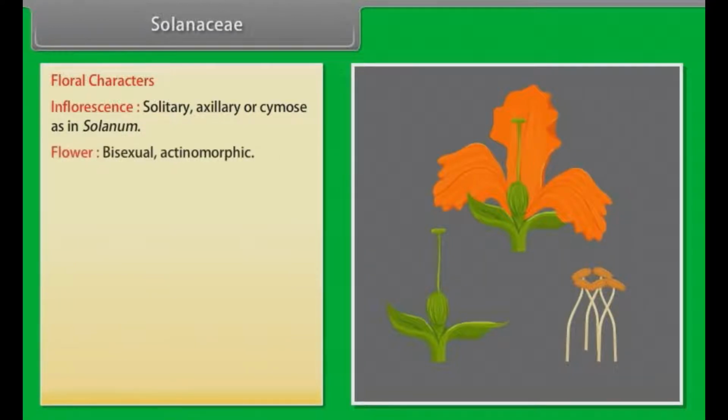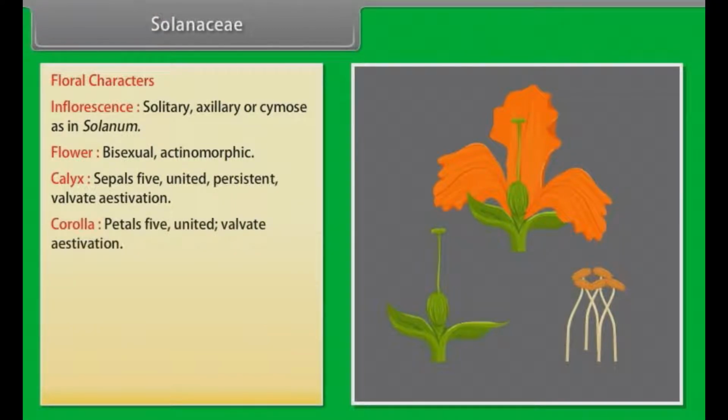Flower bisexual, actinomorphic. Calyx, sepals 5, united, persistent, valvate aestivation. Corolla, petals 5, united, valvate aestivation. Androecium, stamens 5, epipetalous.